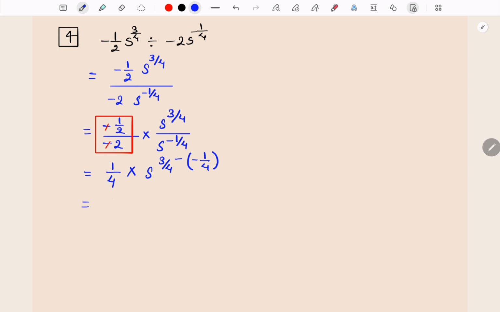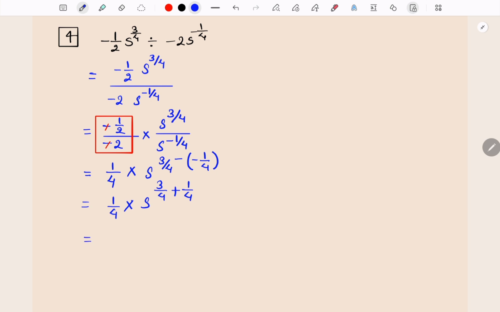Now this is 1 over 4 multiplied by s raised to the power of 3 over 4. This negative sign and this negative sign will be multiplied. It would be plus 1 over 4.